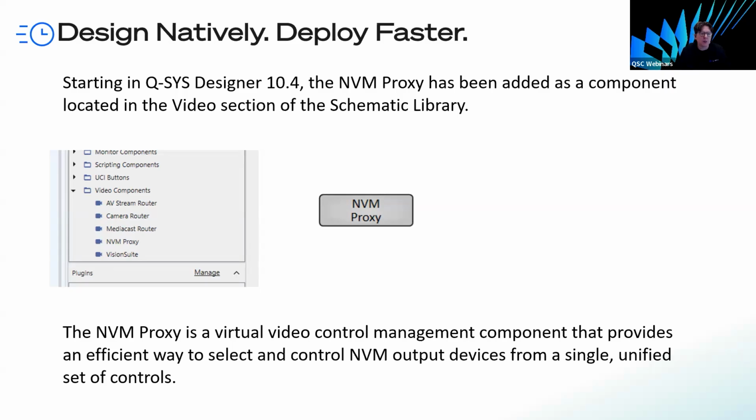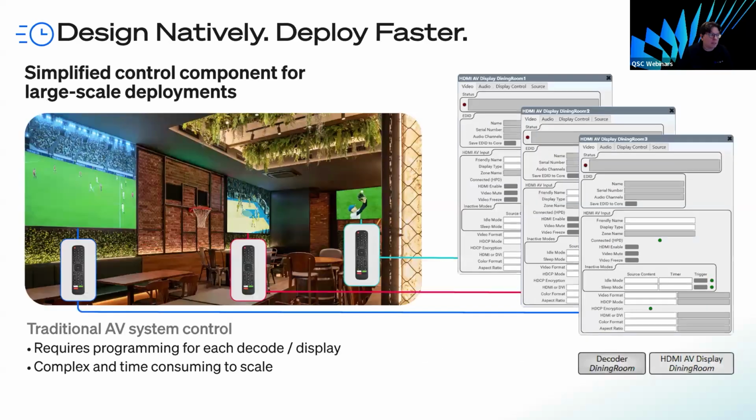It's allowing you to do control at scale and making it so that you don't necessarily have to write every single control code or every single piece of control. You can group controls together. So say if you have a system where you have three displays and the three displays are all connected to satellite receivers.